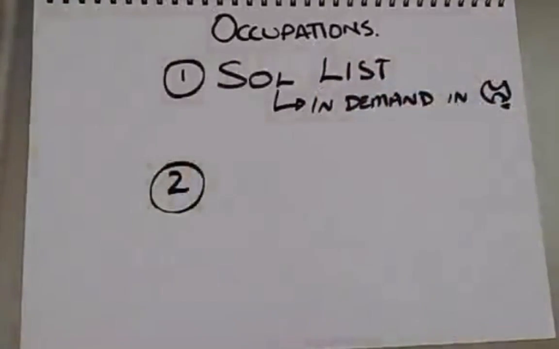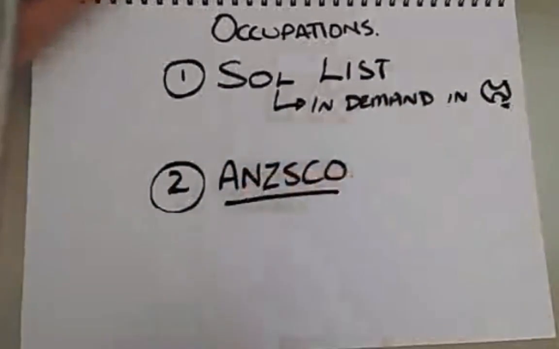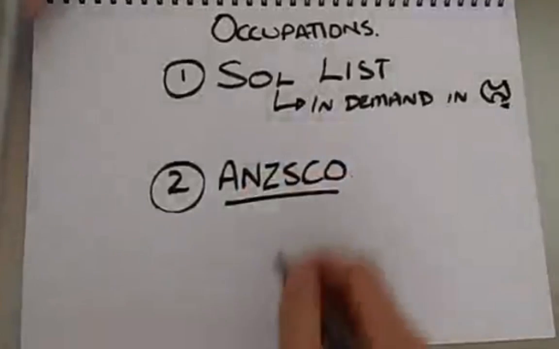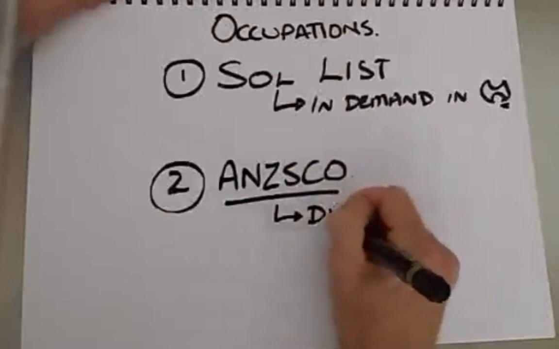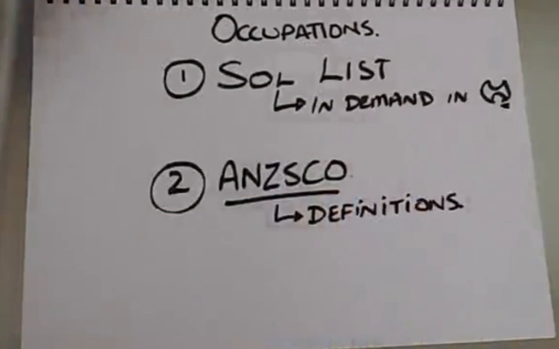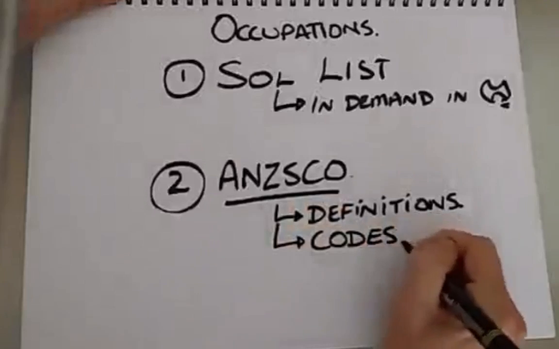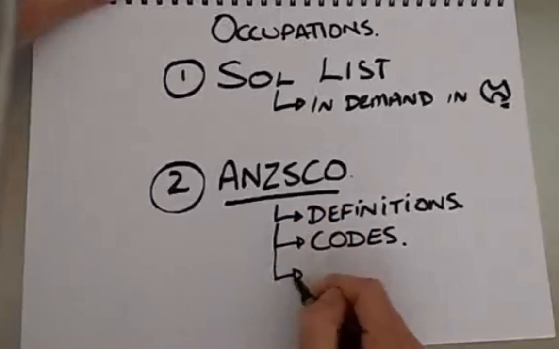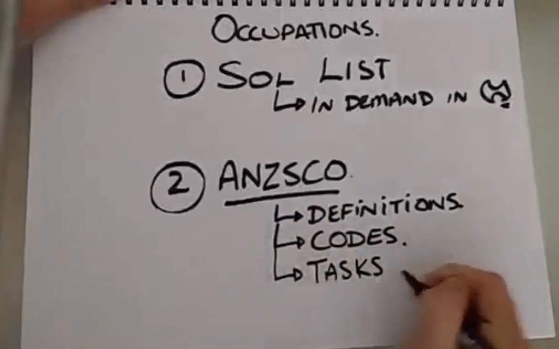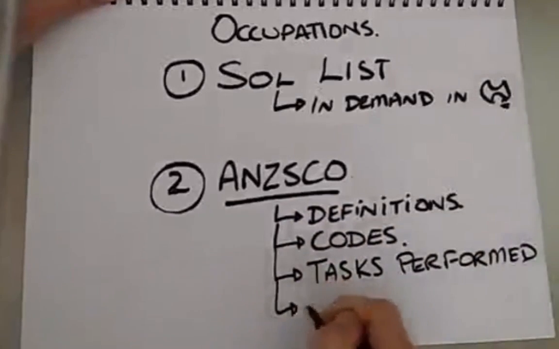Now, the second thing you need to be aware of is the ANZSCO. This is the standard classification of occupations within Australia and New Zealand. It provides definitions of the occupation and codes, so numbers which associate with your occupation, and also highlights the kind of tasks performed by people in these occupations.